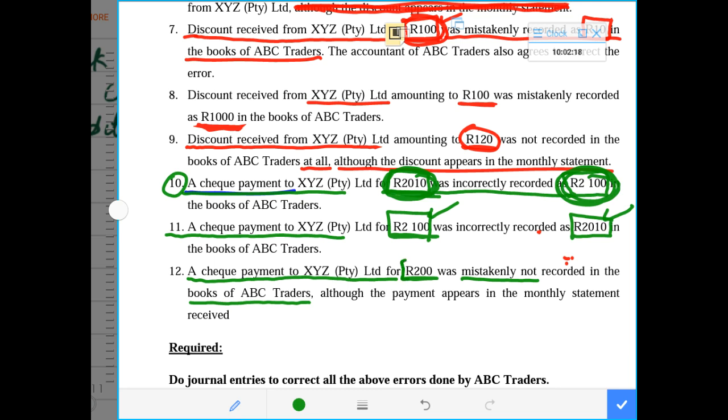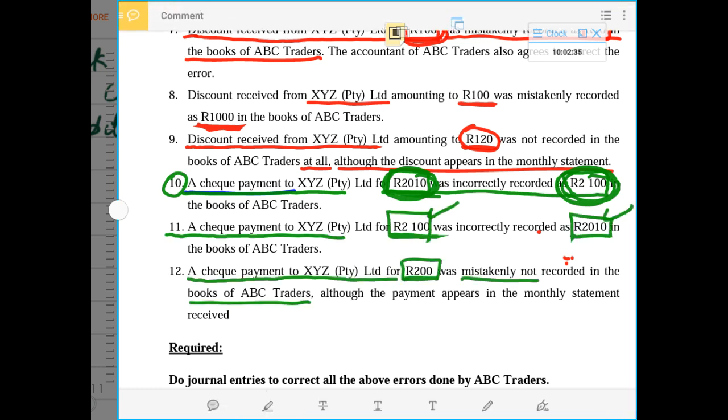So now we made a payment but we just forgot to record it. It's just a human error. We completely forgot. Maybe the invoice was there, but by mistake, the bookkeeper or the accountant forgot to record this amount of the payment, in fact, to our creditor.